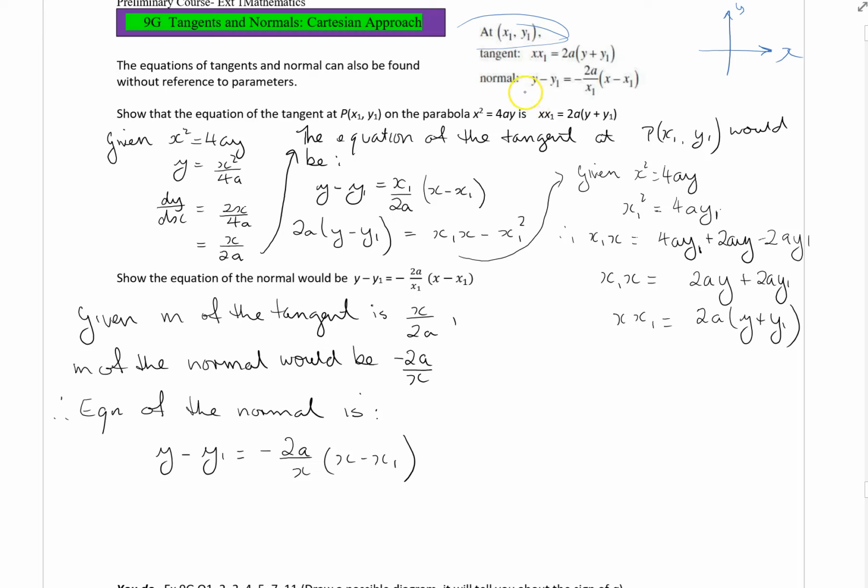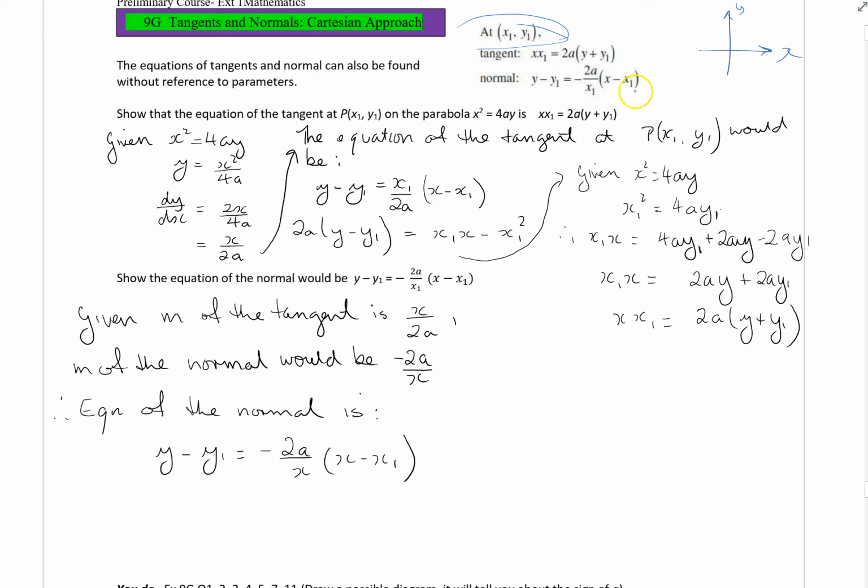And if you look closely, I think I will start with the normal because it is the easiest to see that it really just comes from the equation of a straight line where you're given the gradient and a point. It is y minus y1, this is our point, equals m, x minus x1.